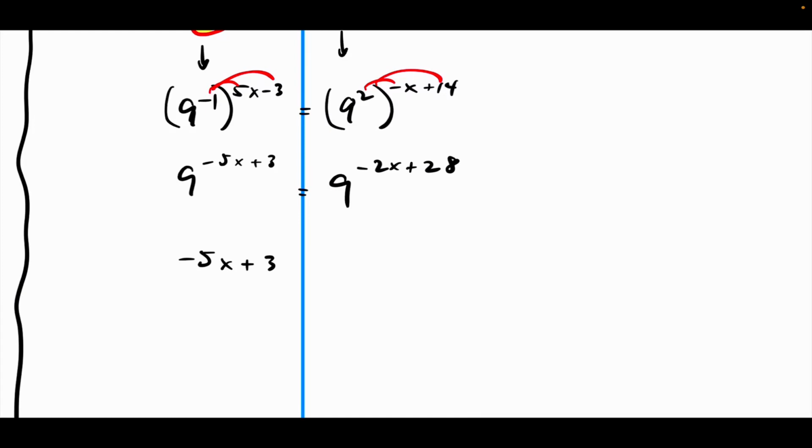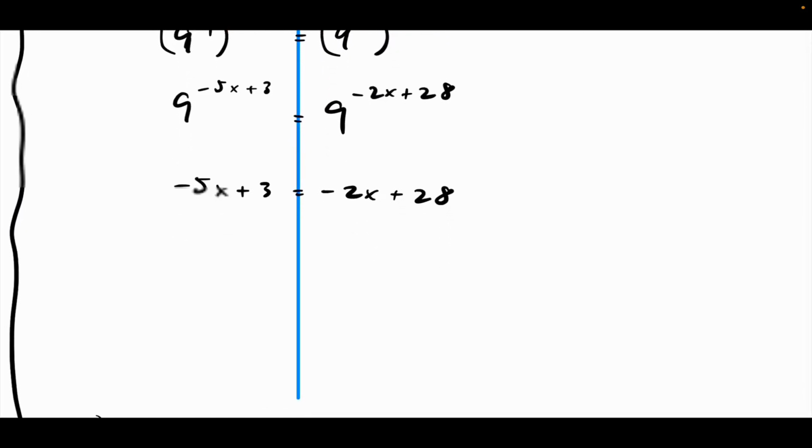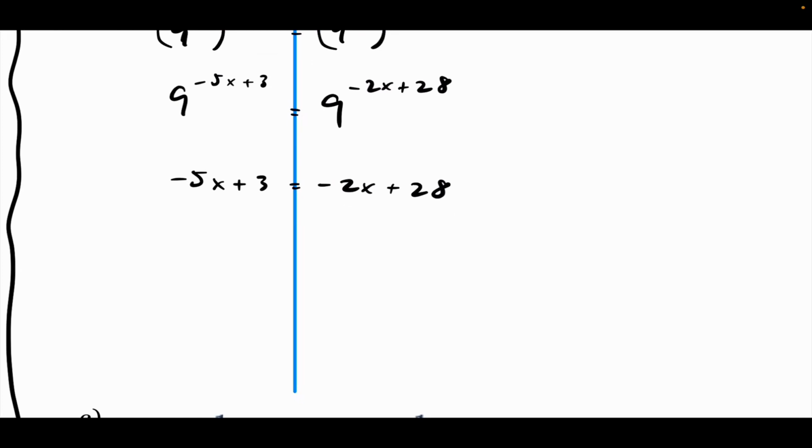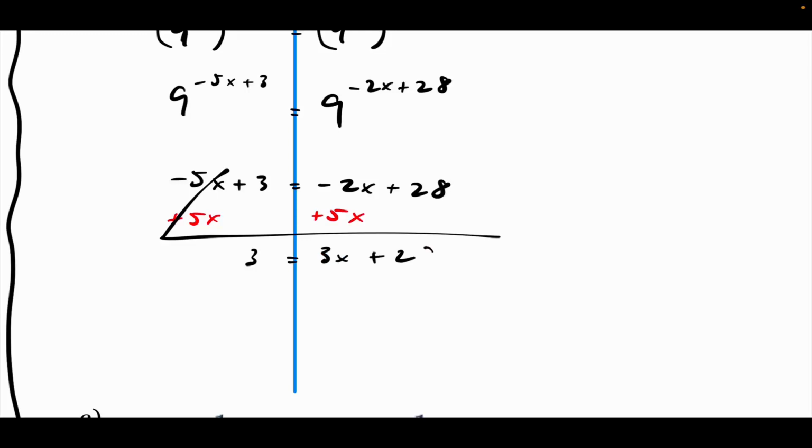-5x plus 3 equals -2x plus 28. You can add 5x to both sides, or you can add 2x to both sides. Doesn't matter. I just added 5x to both sides just to make x positive, but it doesn't need to be. Subtract 28 from both sides. -25 over 3x.